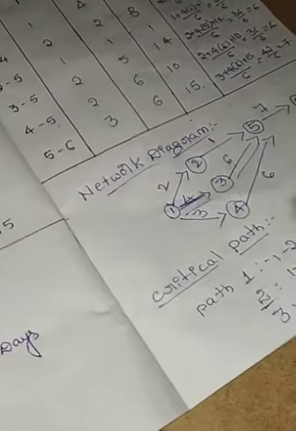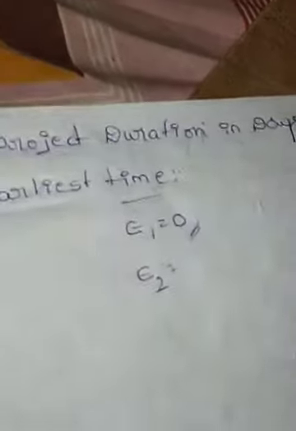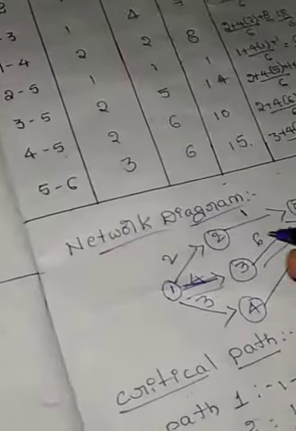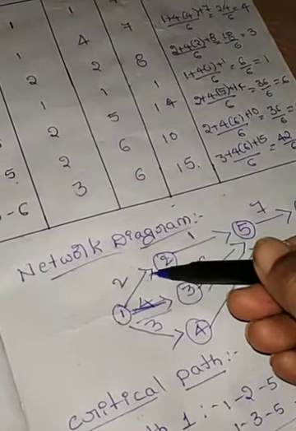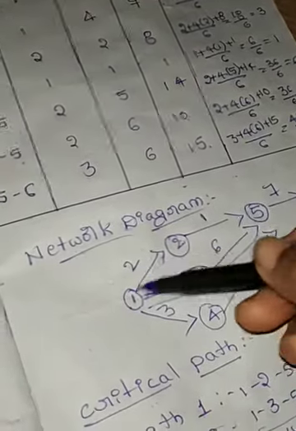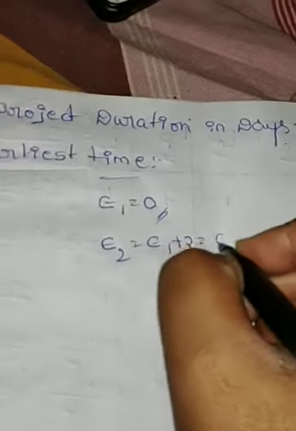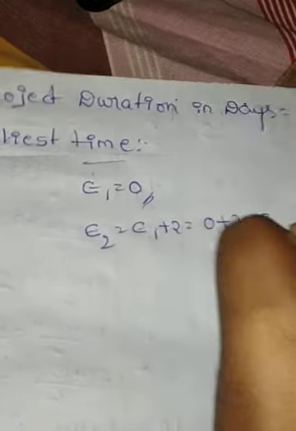Next, E2: the arrow comes from 1, so E1 plus 2, 0 plus 2 is equal to 2.